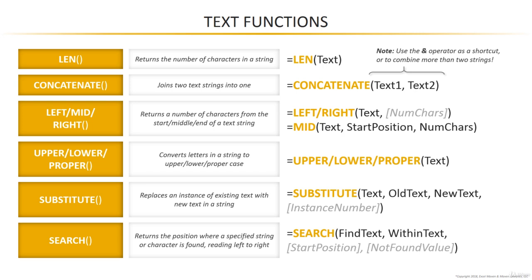Now you have two optional arguments as well. The start position, so you can indicate if you don't want to start at the very beginning of the string, you could, for instance, start 5 or 10 or 20 characters in. And then last but not least, you can indicate a value to return in cases where the characters or text that you're looking for isn't found. So let's jump back to our report and quickly try a couple of these out.